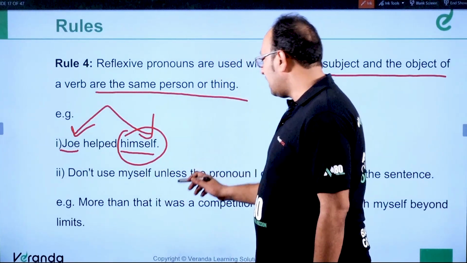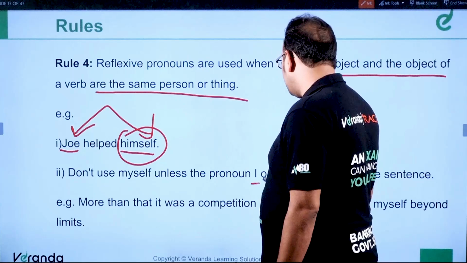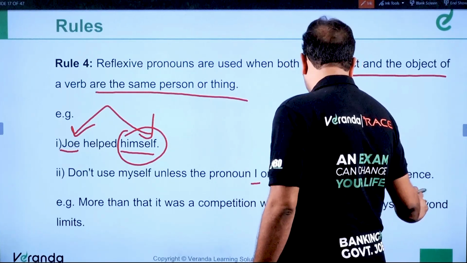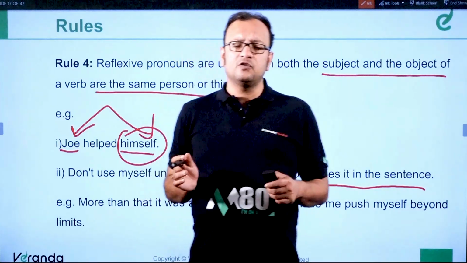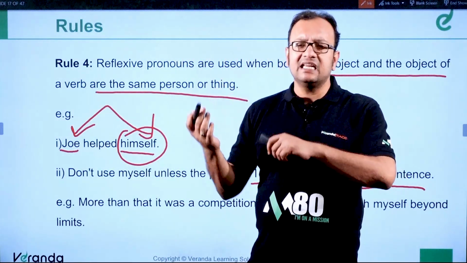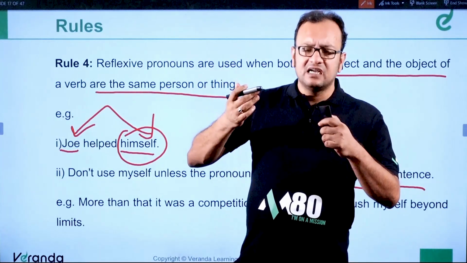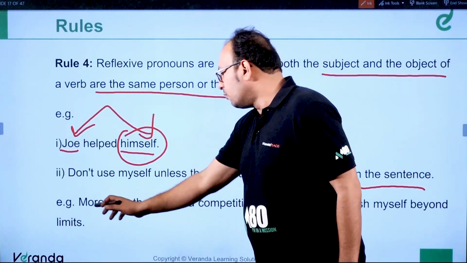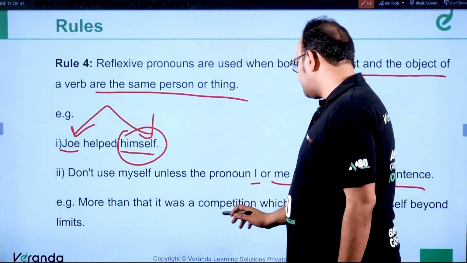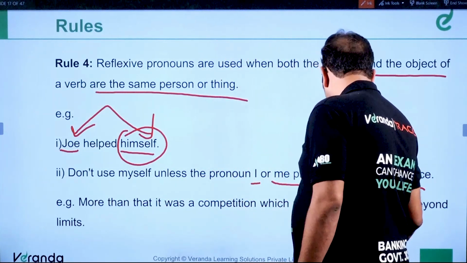Don't use myself unless the pronoun I or me precedes it in the sentence. We can use myself, herself, himself only when I, me, or for that matter him precedes in the sentence. For example, more than that, it was a competition which made me push myself.